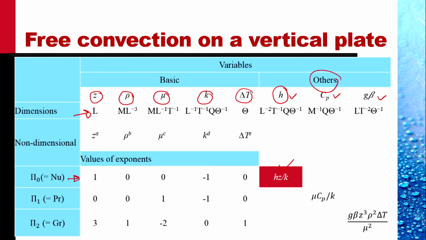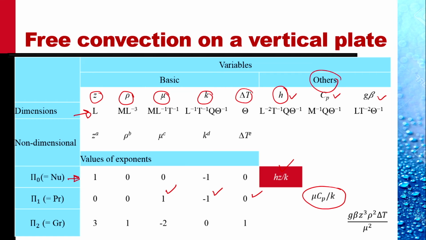From Cp, I get the dimension of Cp as a dimension of mu raised to power c, k raised to power d, and delta T raised to power e, with value of c as 1, value of d as minus 1, and e as 0. So that the non-dimensional parameter that we formulate is this.